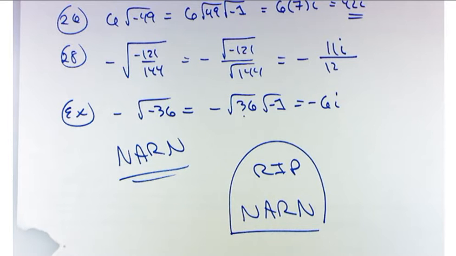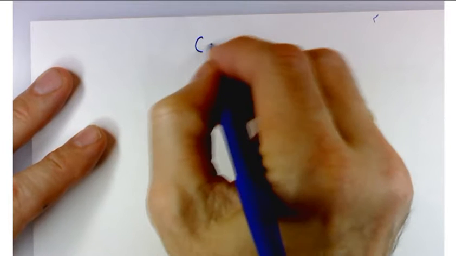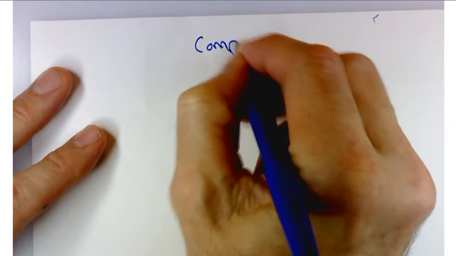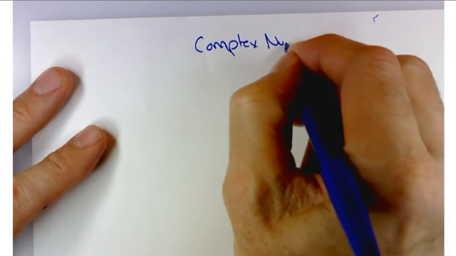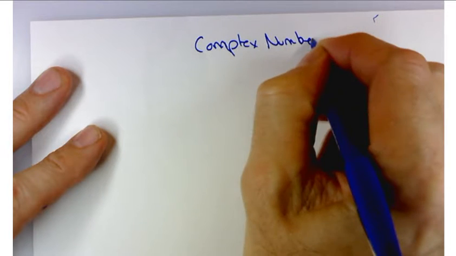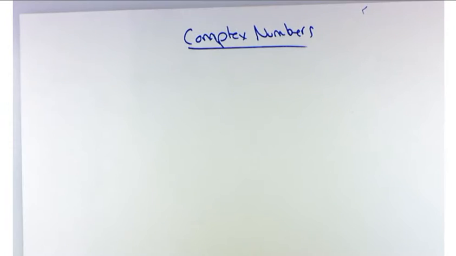In fact, speaking of sets of numbers, i is part of, or helps form part of, a larger set of numbers called complex numbers. Now, complex numbers look like this.